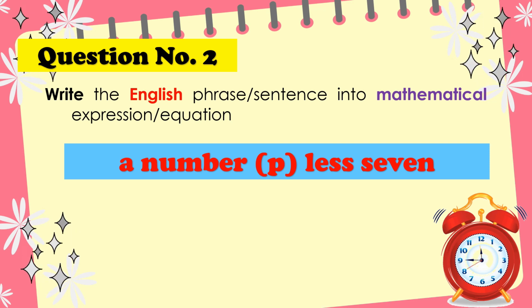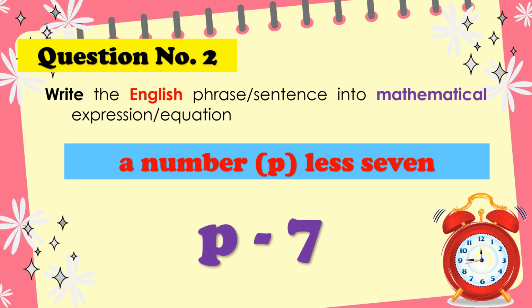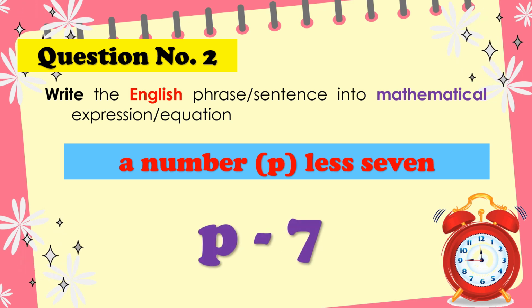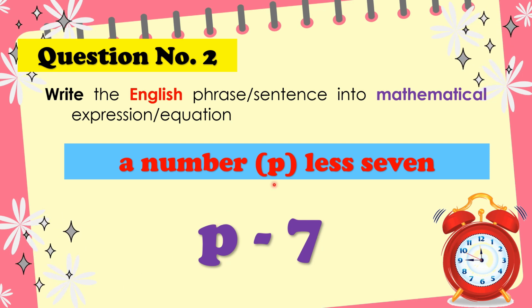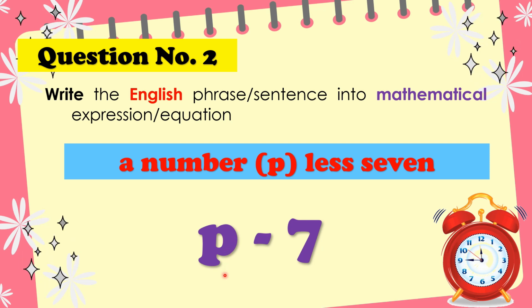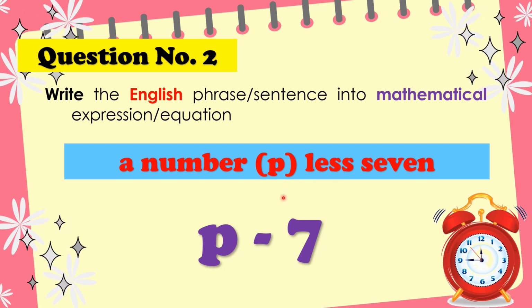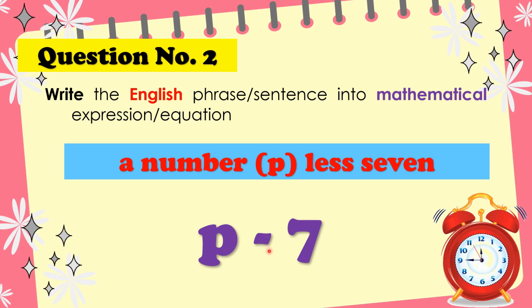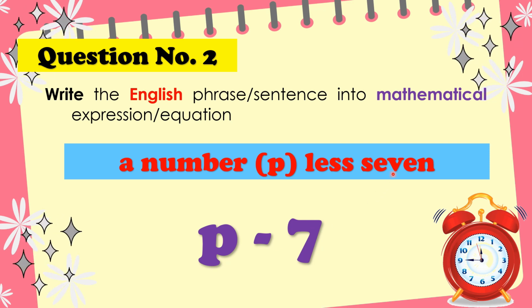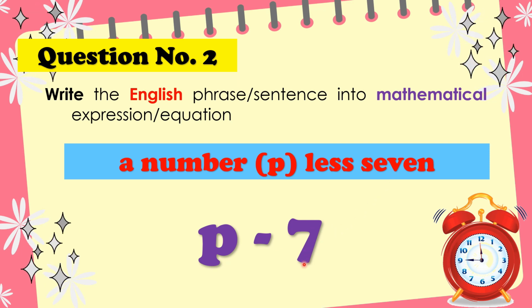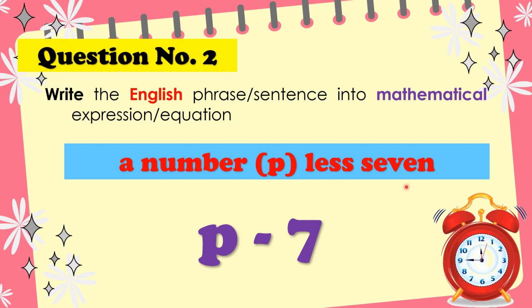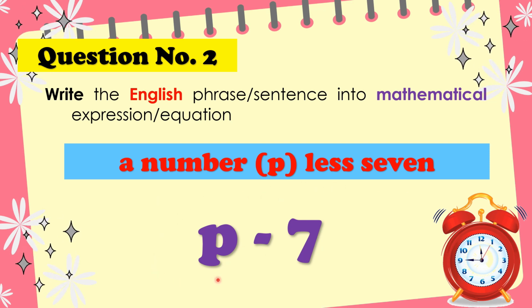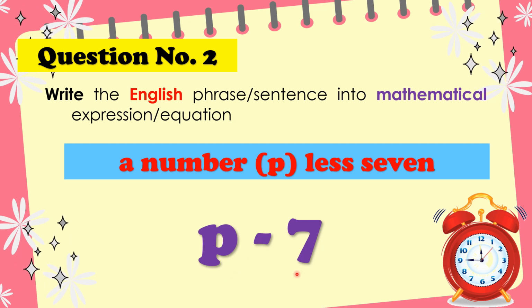What is your answer? P minus 7. Bakit naging P minus 7? Kasi yung number P, binigay natin dito, "less" lang siya kaya hindi natin sila pinagpalit. So that would be minus, and then 7 written as 7. So when you translate a number P less 7, that is equivalent to P minus 7.